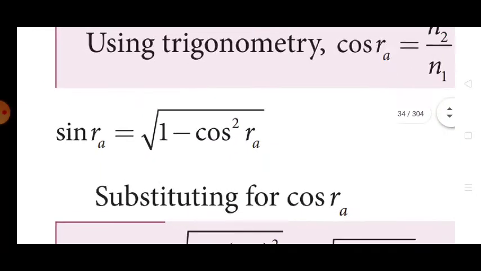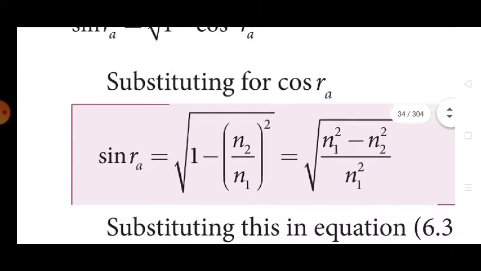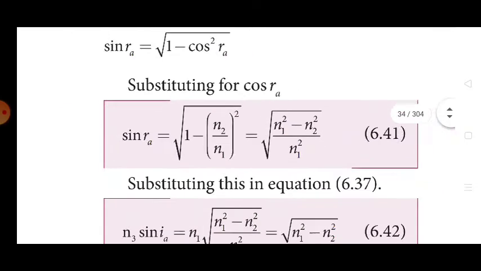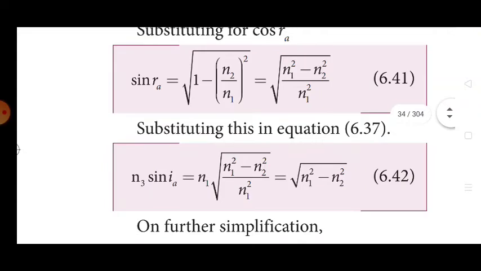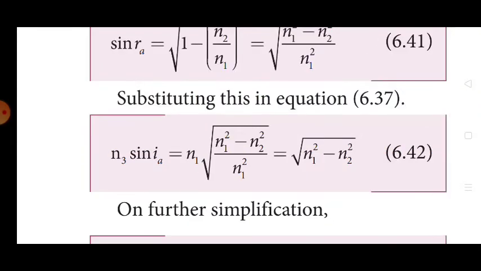Substituting for cos RA, we get sin RA is equal to root of N1 square minus N2 square by N1 square. Substituting in equation 6.37, N3 sin IA is equal to N1 times root of N1 square minus N2 square by N1 square, which is equal to root of N1 square minus N2 square.